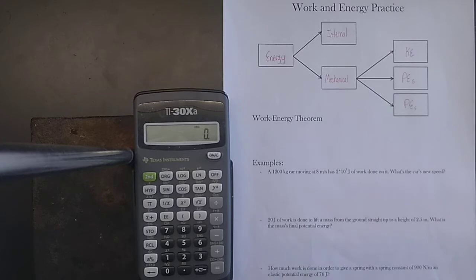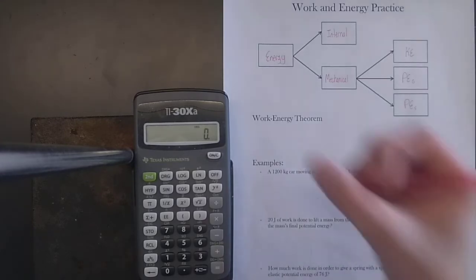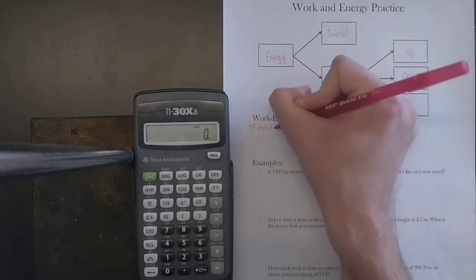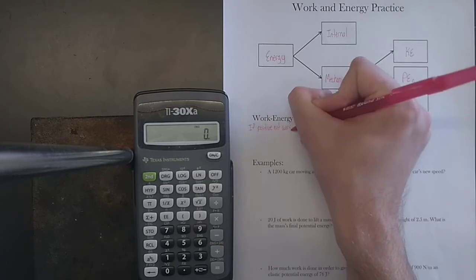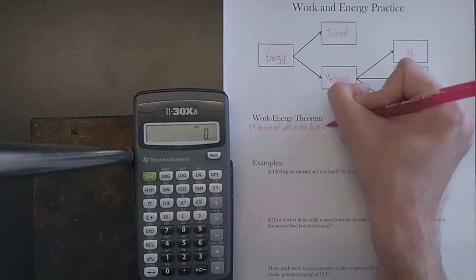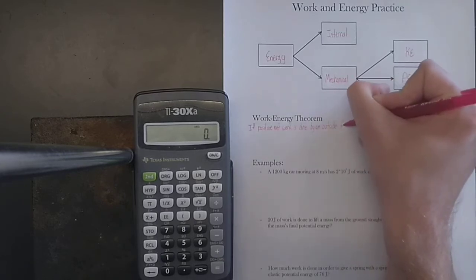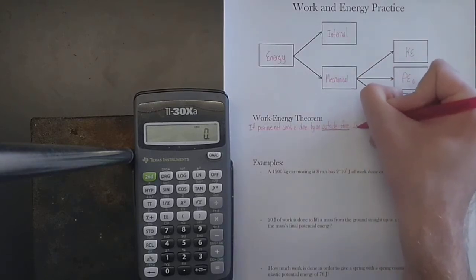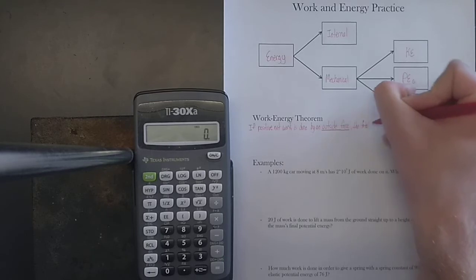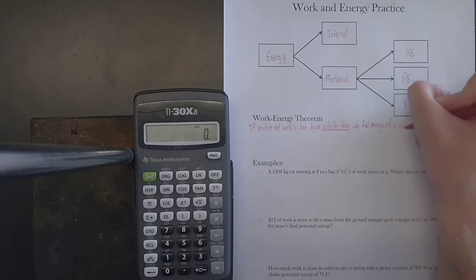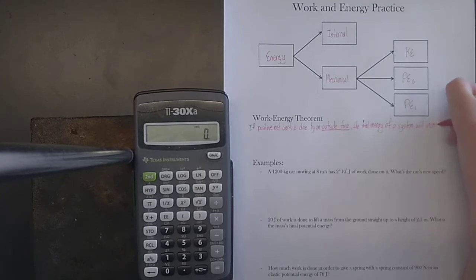What we're going to talk about today and work on is called the work energy theorem, and it goes something like this. If positive net work is done by an outside force, I'm going to underline that, the total energy of a system will increase.